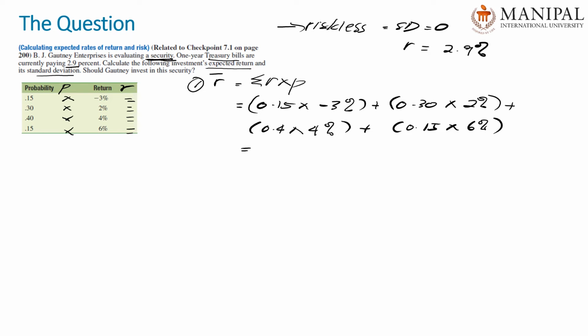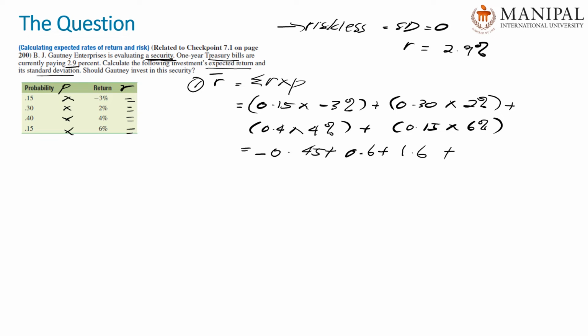I can use my calculator here. I wish I could show you. Negative 3 multiplied by 0.15, you're going to get negative 0.45, plus 2 times 0.3, you're going to get 0.6, plus 0.4 multiplied by 4 is 1.6, plus 0.9.